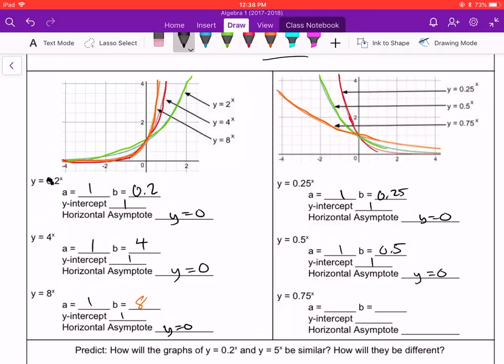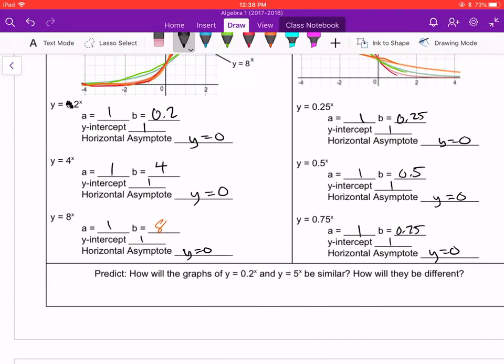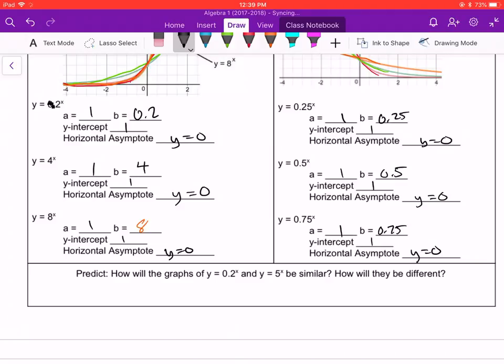And then here A is still 1, B is still 0.75. So your y-intercept is still 1, and your horizontal asymptote is still y equals 0. There we go. Okay?